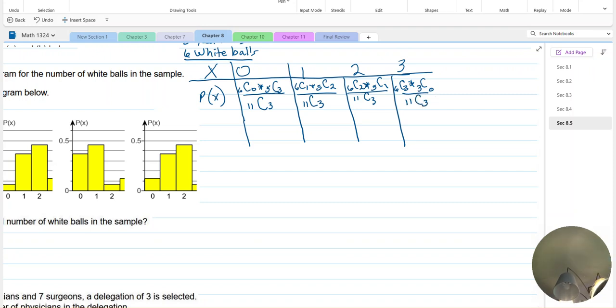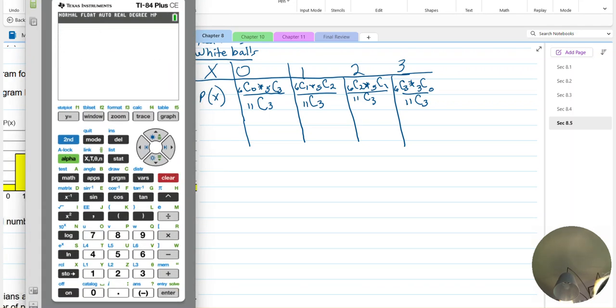All right, now I'm going to do the math. On my screen, 6 math, PROB, number 3, choose 0, up arrow, side arrow, times, and this one is 5, math, PROB, choose 3, side arrow, divided by 11 math, PROB, number 3, choose 3.